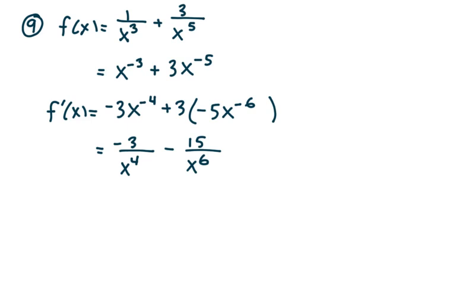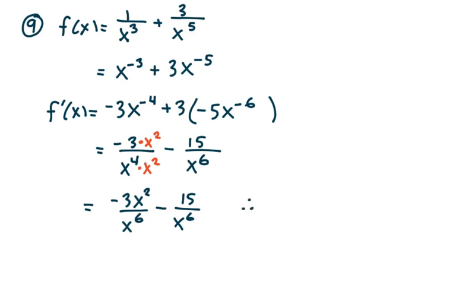Now, if we want to get a common denominator, this would be a good one. So I'm going to multiply the first term in the numerator and denominator by x squared. I'll do that in red. And so f prime of x is negative 3x squared over x to the 6th minus 15 over x to the 6th.